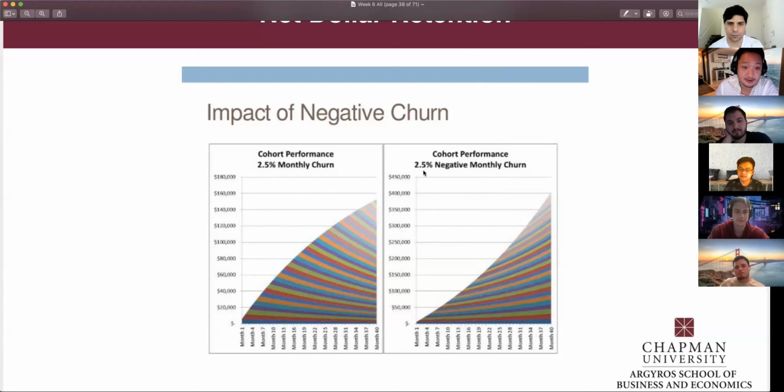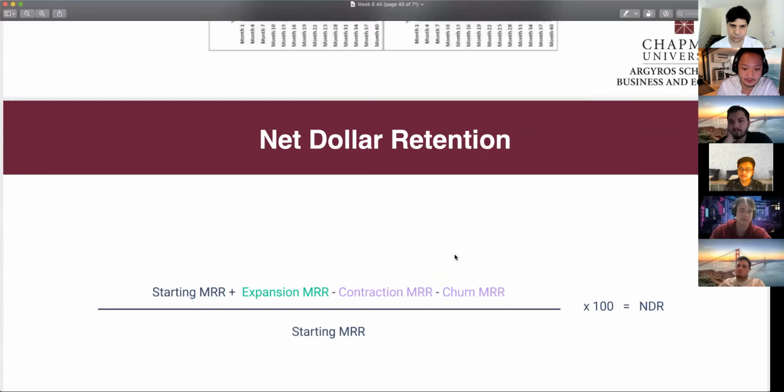Even though this is only 2.5% negative monthly churn, and this is 2.5% monthly churn, right? This is why you see some businesses with astronomical valuations, even with such marginal differences, just based on recurring revenue.